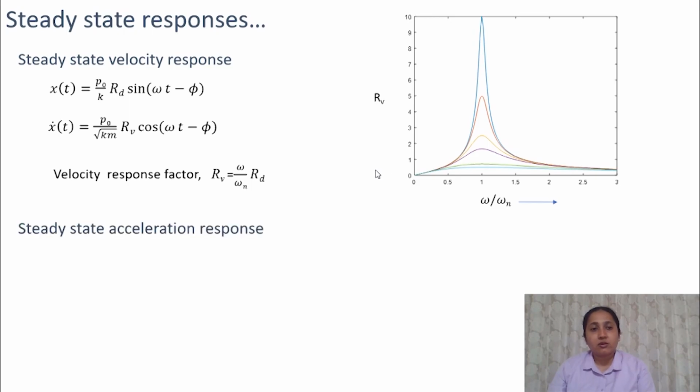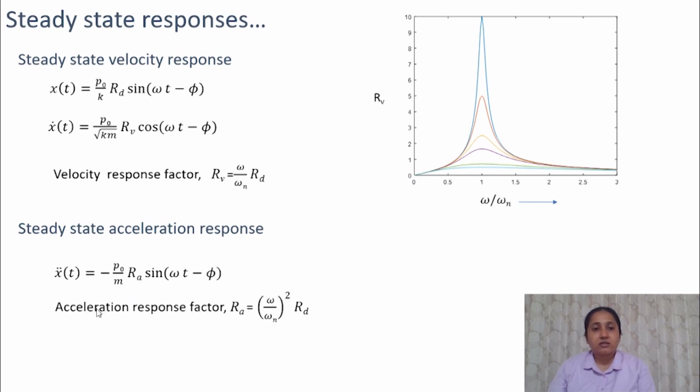Now let's see the steady state acceleration response. If we differentiate this velocity response once, we would get the acceleration response. So the acceleration response is equal to minus P naught by m Ra, where Ra is the acceleration response factor, multiplied by sine omega t minus phi.